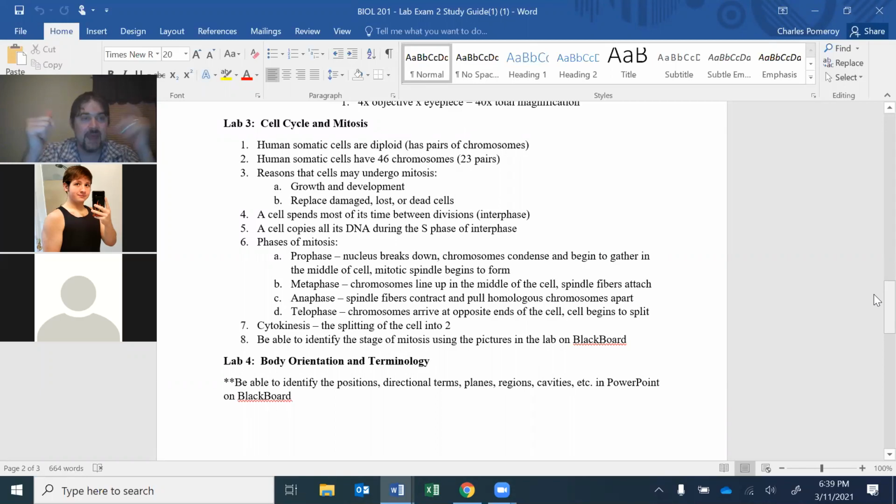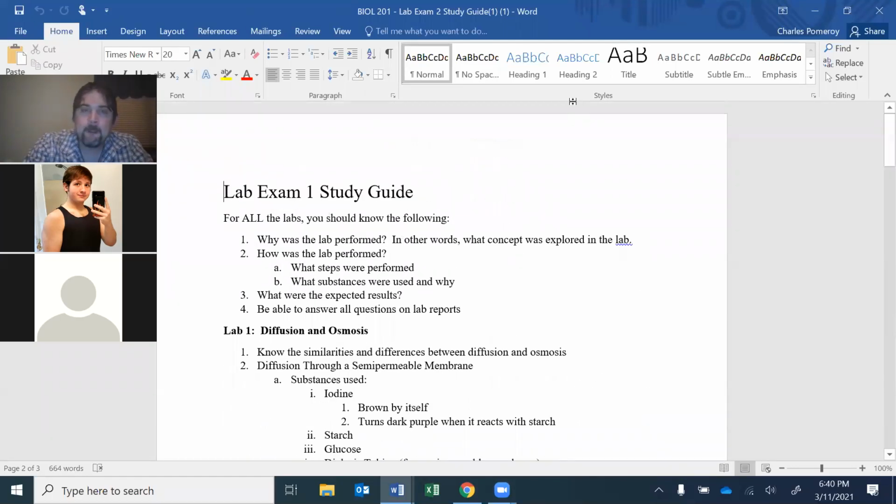So you might have to do a matching. And then the word that we use for when a cell splits into two is called cytokinesis. And then it says be able to identify a stage of mitosis. If I give you a picture of a cell and ask you what stage this is. Good deal? Yep. All right.